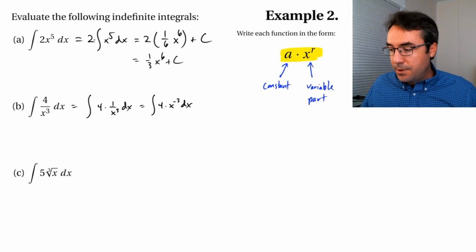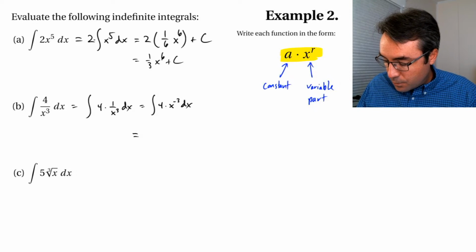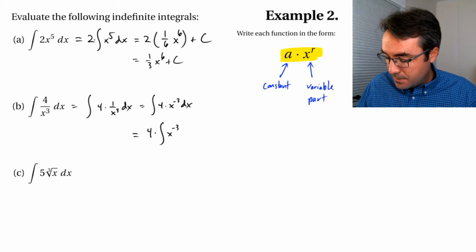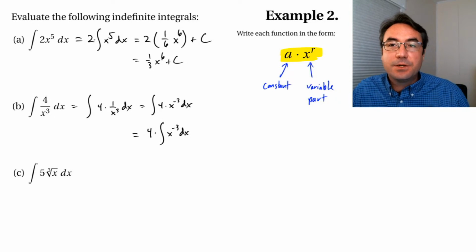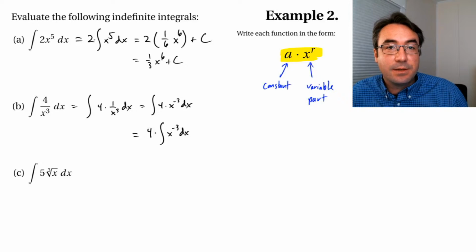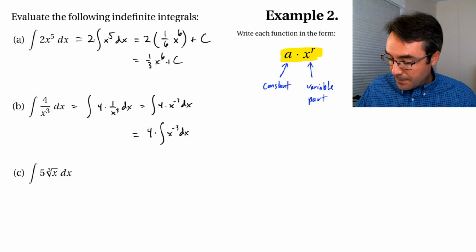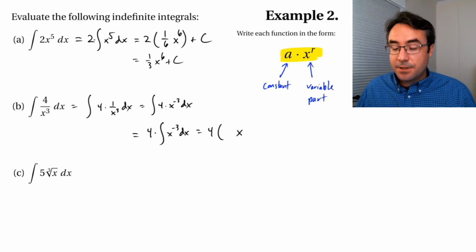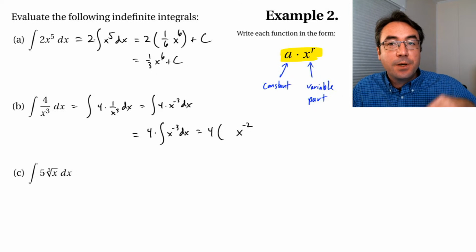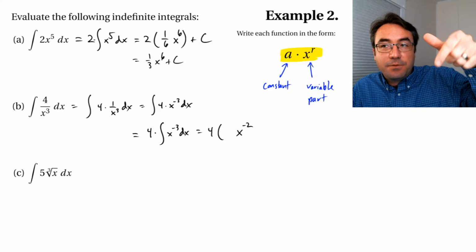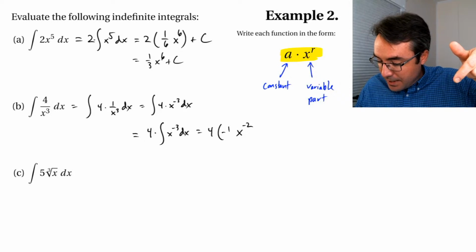So now we apply the actual rule, which says we can move the 4 out front. And then we can just do the antiderivative of x to the minus 3. So we apply the power rule there. Our variable is x. We add 1 to the exponent, which bumps us up to negative 2. We take that new exponent, we flip it, and we put that in front of the x.